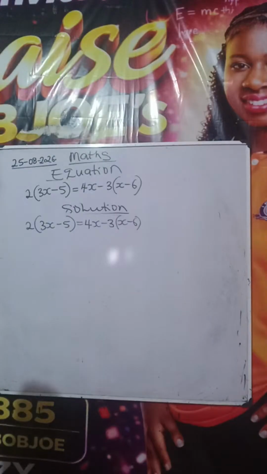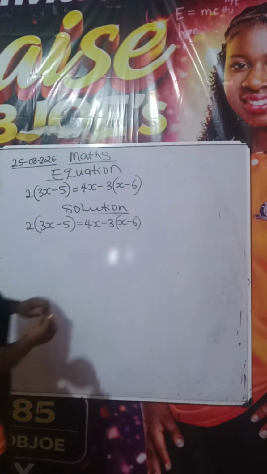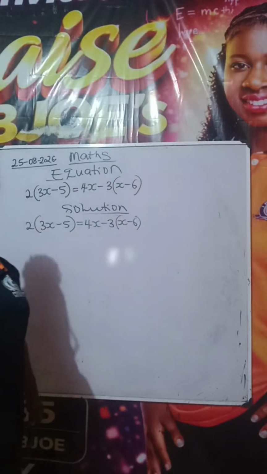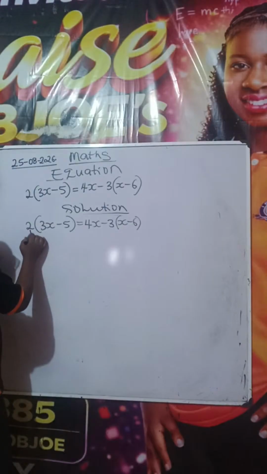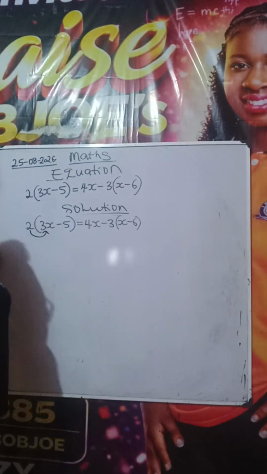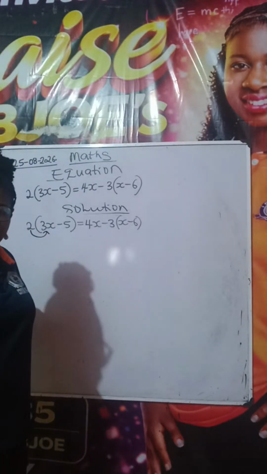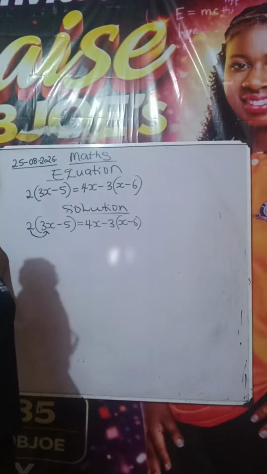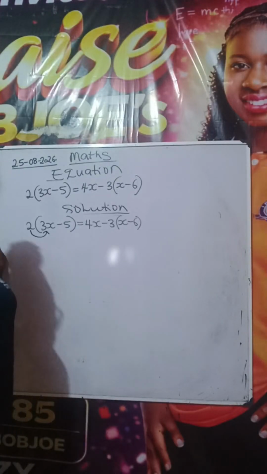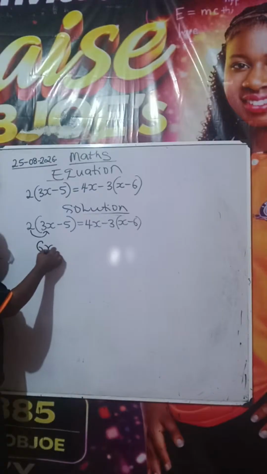So now all we need to do is we are going to open the bracket. We open bracket, and that will be 2 times 3. 2 times 3, everybody multiply. So 2 times 3 will give us 6. Okay, so we have 6x.